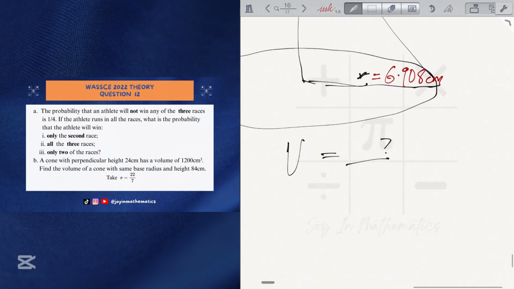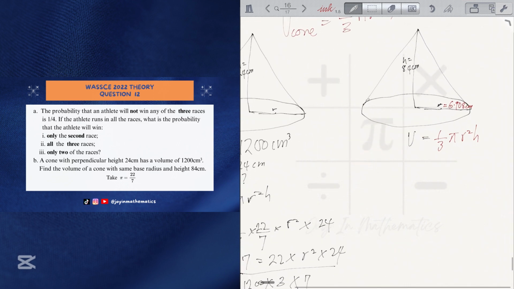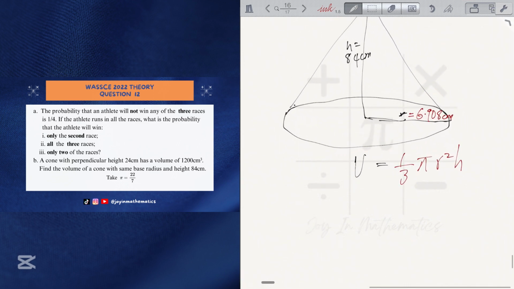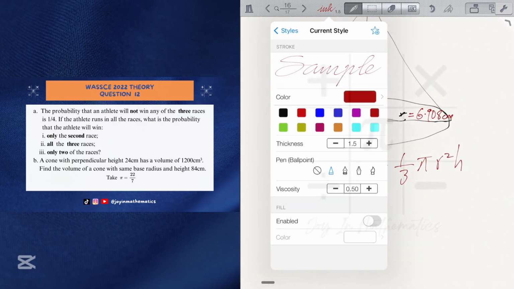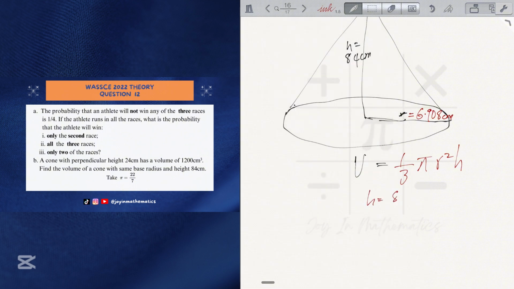And then we will apply the formula for the volume of the cone, 1 over 3 pi r square h. Now, in this case, our h is what? Our h is equal to 84 centimeters. That's the height. And the radius is 6.908 centimeters.